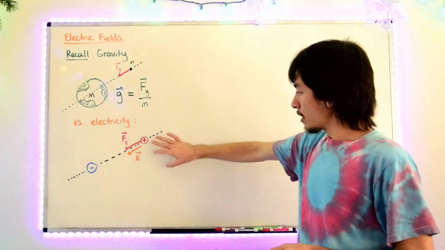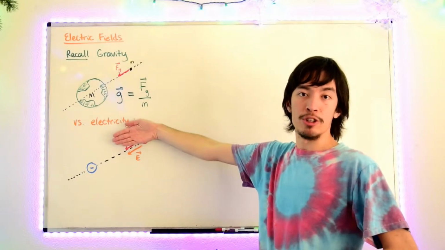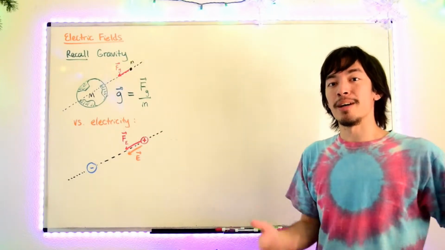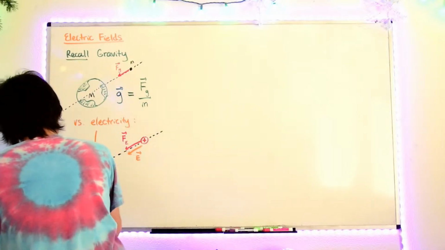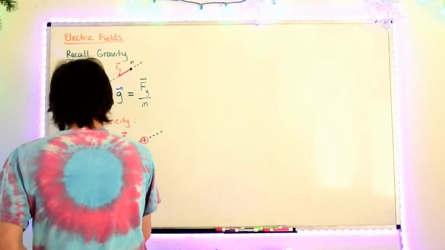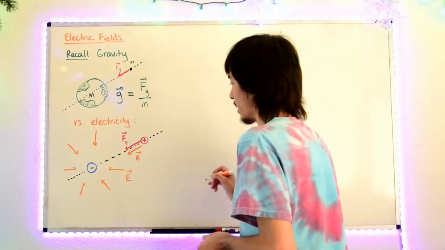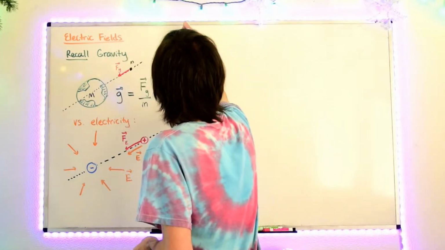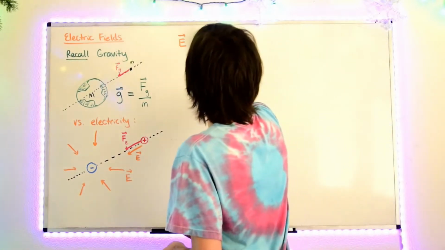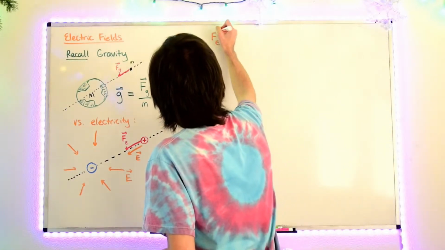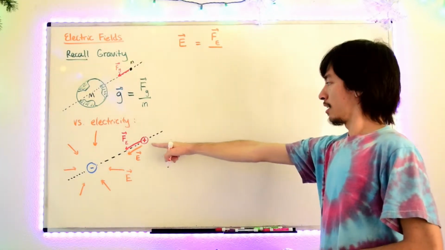So regardless of whether or not this charge is here, if we just remove this charge completely from the picture, we can still talk about some electric field that points towards this negative charge, which we're going to call E. E, being analogous to the gravitational field, would be the electric force instead of the gravitational force, divided by not the mass, but the charge.